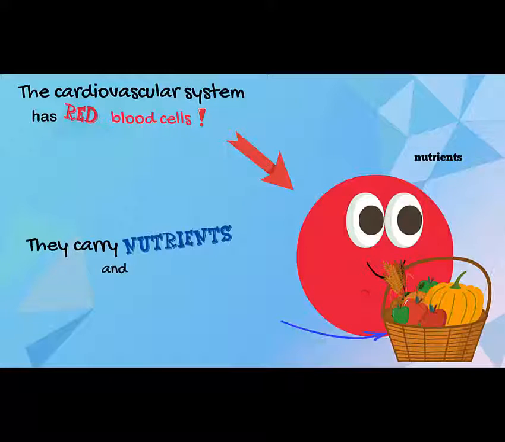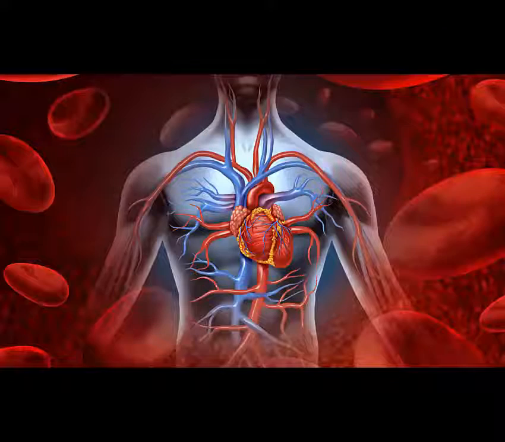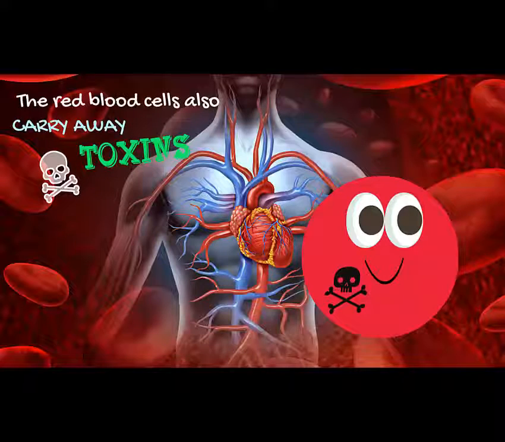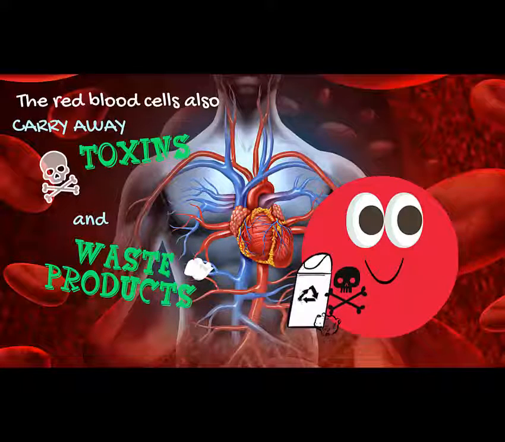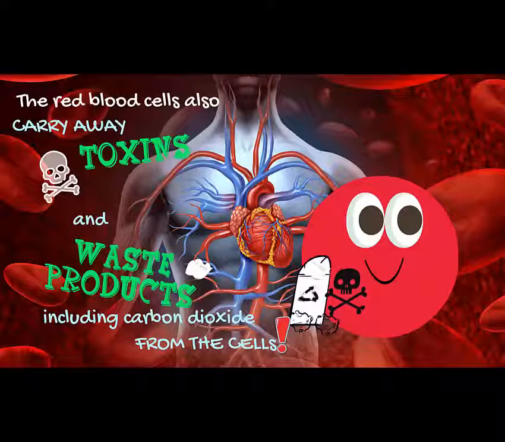They carry nutrients and oxygen to the cells. The red blood cells also carry away toxins and waste products, including carbon dioxide, from the cells.